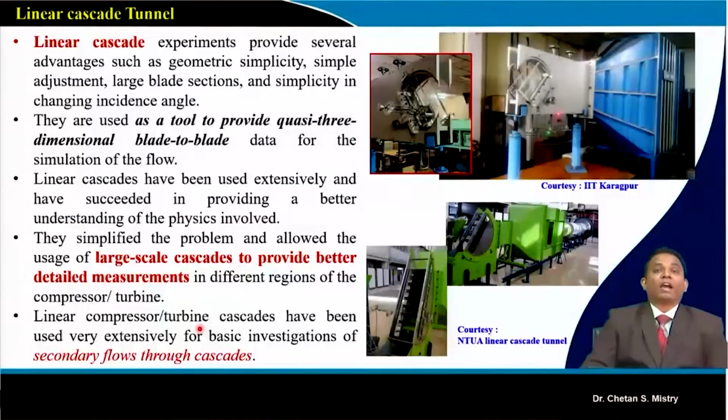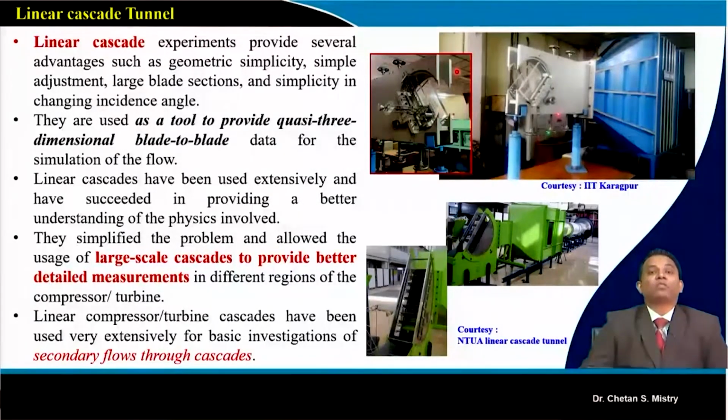Now coming again, the question is, what are the uses of our cascade tunnels? Here, this is a linear cascade tunnel available at IIT Kanpur. We can put our blades between these two test sections, and we can measure the inlet angle, the outlet angle, and the distribution of CP.